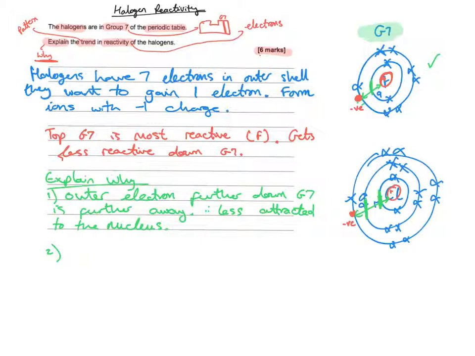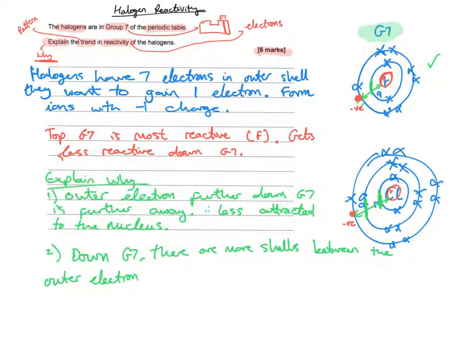So down group 7, there are more shells between the outer electron and the nucleus. We call this shielding. So shielding is your key word here.